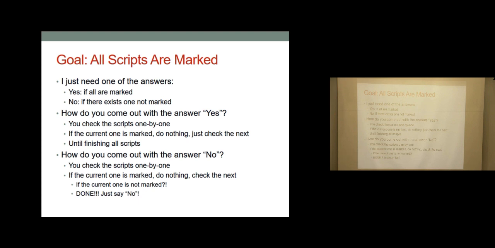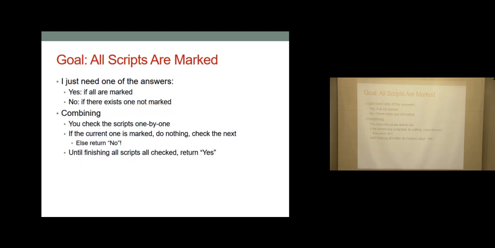So if I combine these two together, I can have the following algorithm. Overall, you start checking the scripts one by one. If the script is marked, you move on, you do nothing. So there are two outcomes.